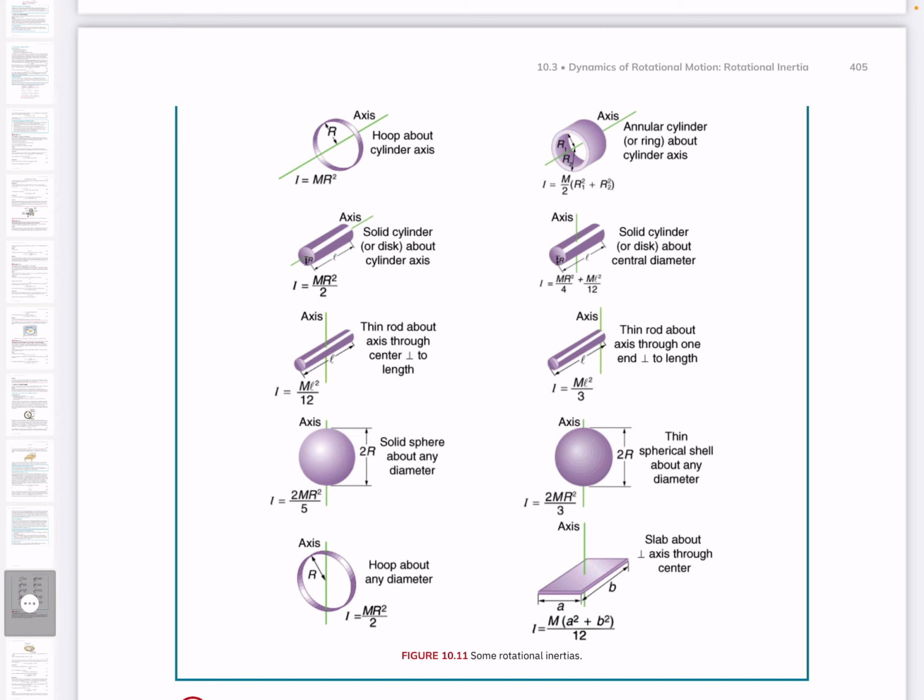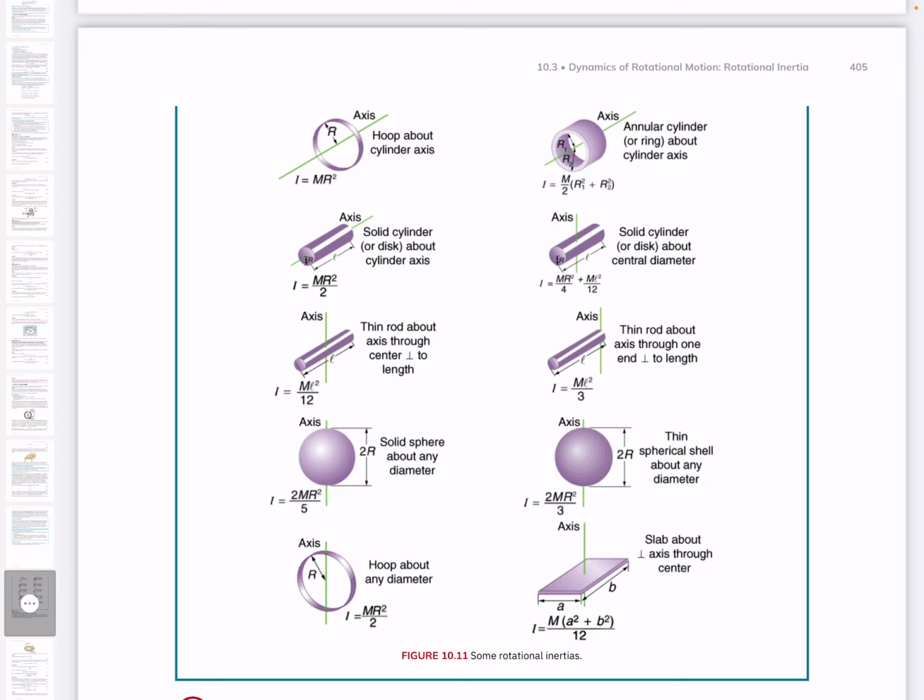If you take that same thing, but you put the axis right down the middle and you spin it like a baton around your finger or arm or whatever, then it's a solid cylinder or disc about a central diameter, okay?